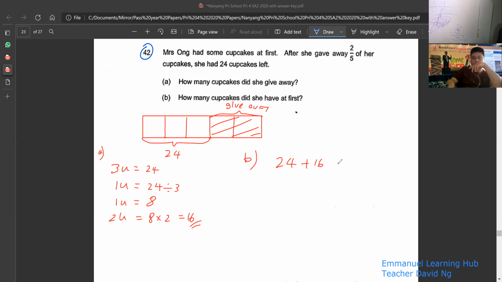What she has plus what she gave away also can. That is how many? Not 50, how many? 40. Okay. Or 8 times 5 lah. 5 units lah. 8 times 5.